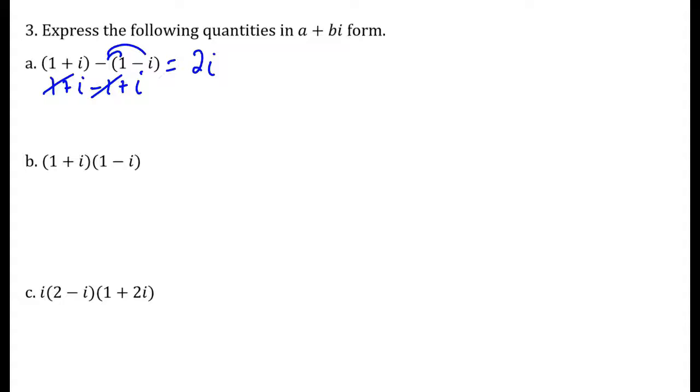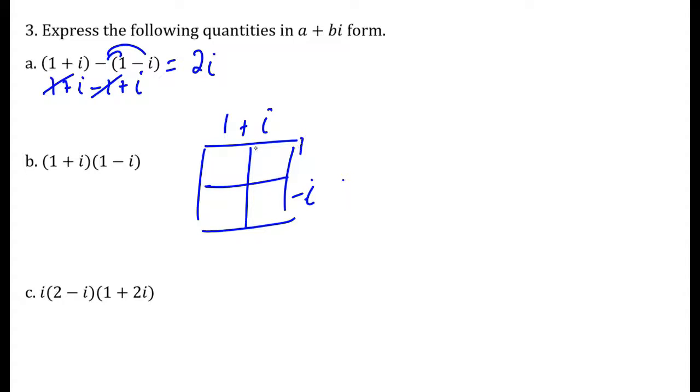What's 1 plus i times 1 minus i? 1 times 1 is 1. I times 1 is i. 1 times negative i is negative i. I times negative i is negative i squared. And it's essential that you know that i squared is negative 1.